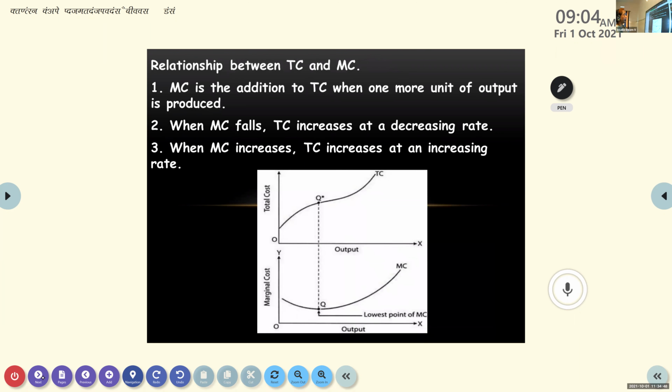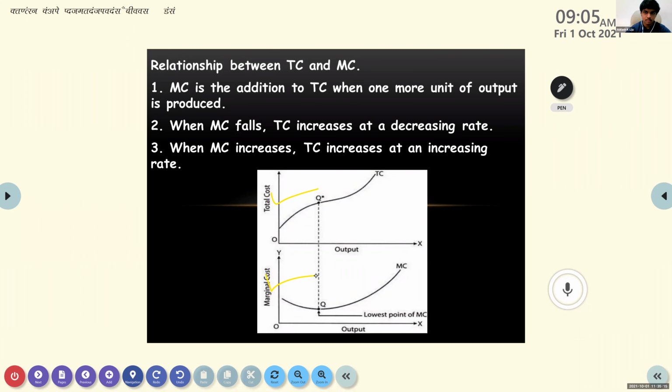Now next, relationship between TC and MC. Here they have given the graph of TC and this one the graph of MC. TC, you have learned before the shape of TC curve. How was it?